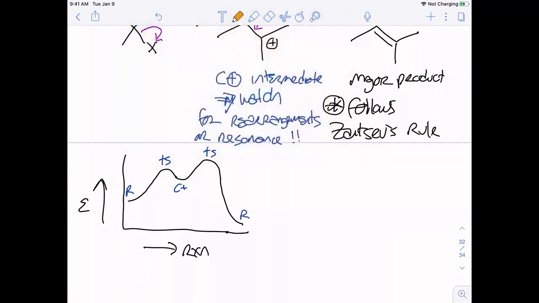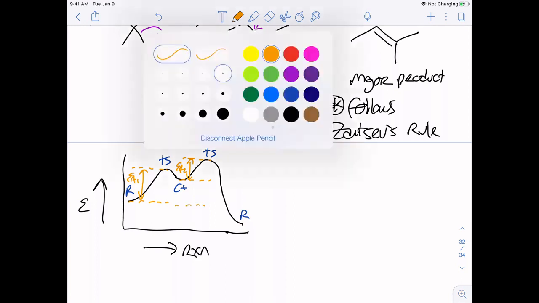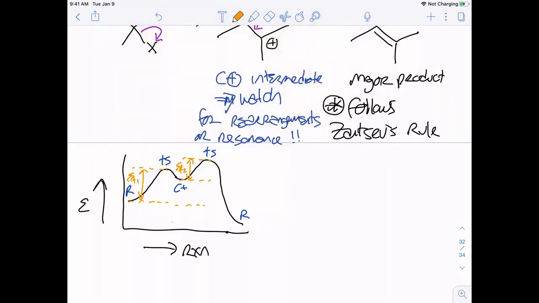The activation energy of my first step is bigger. EA1 is bigger than the activation energy of my second step, meaning that my first step is slower than my second step. My first step is my rate determining step. It's the slowest step in that mechanism. And then my overall energy change, either delta G or delta H, whichever you want to use.